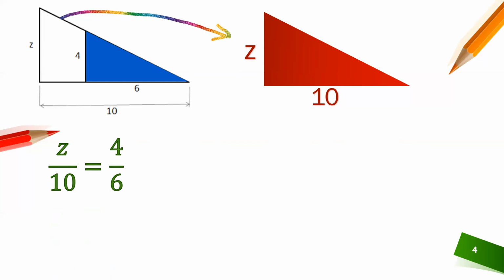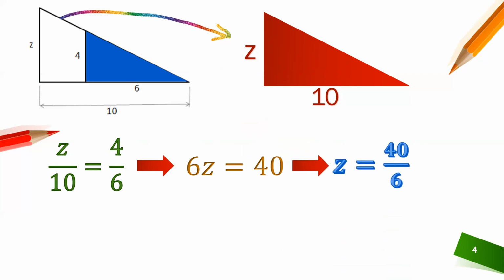And 10 is corresponding to 6. All right, now we would cross multiply and get 6Z equals 40, then divide by 6, Z is 40 over 6, which is 6 and 2/3 units.